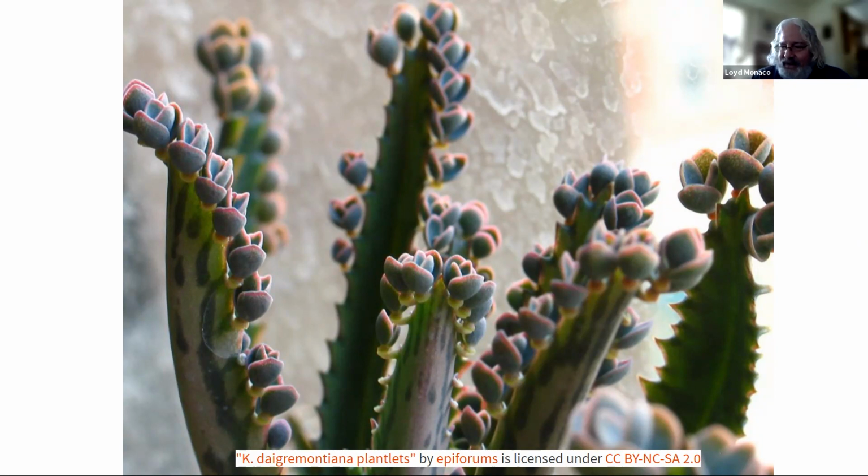This is a mother of thousands. And it can easily be seen because you'll notice the plantlets are going all the way around the leaf. And the leaf tends to be, although this one looks a little tubular, it's actually a wider leaf. And in the background, you can see the serrations. And it's usually right around the serrations that the plantlets form. So this would be a mother of thousands. Next slide, please.